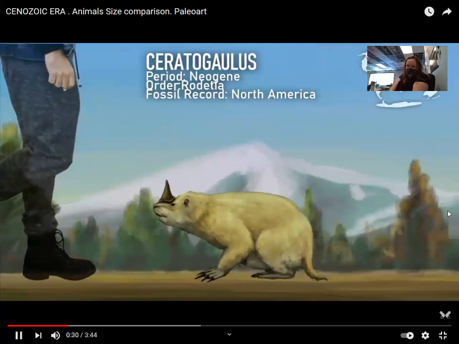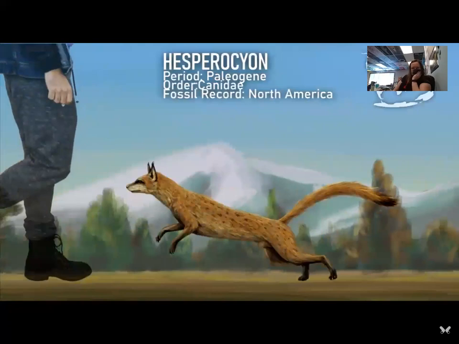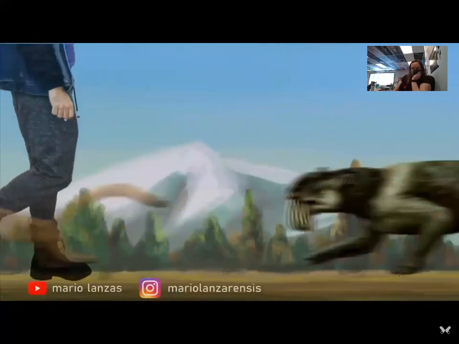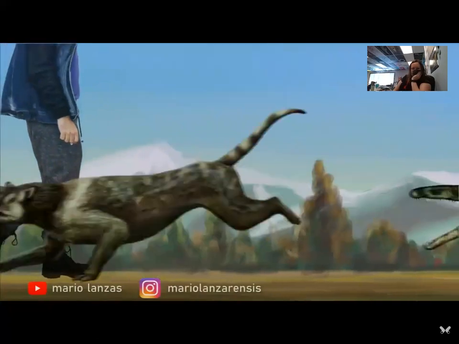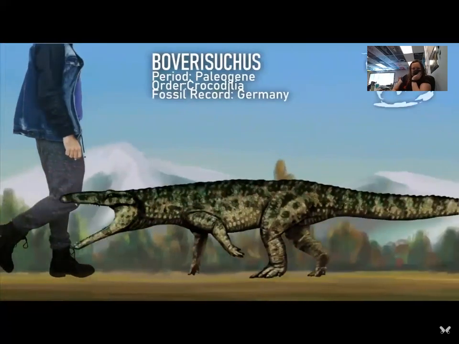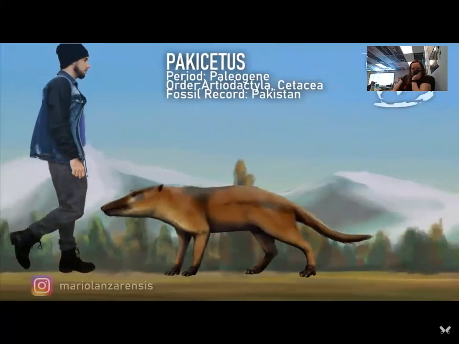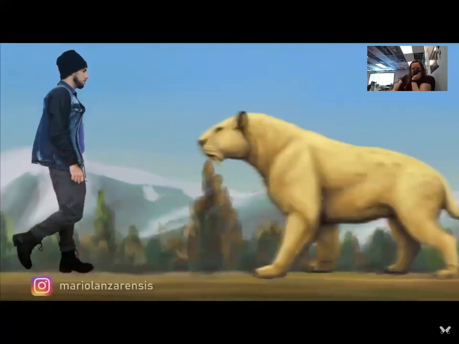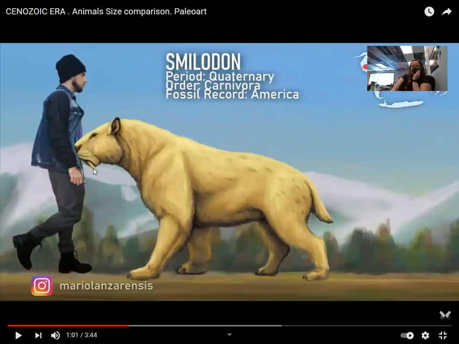Looks like a unicorn, kind of. Okay, this is kind of like the saber-toothedness. So just the big long fangs that really, really stick out of the mouth. I made it saber-tooth.